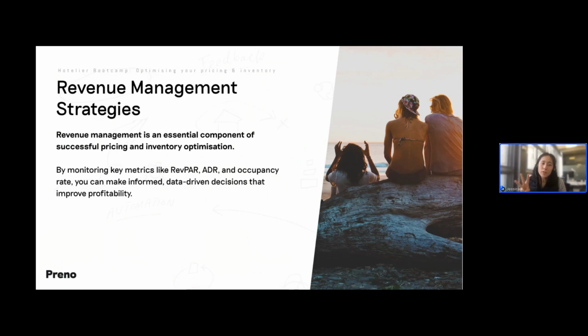And there are 3 key metrics which you are all probably familiar with. We've got RevPAR, ADR, and occupancy rate. And we'll get into more detail in the webinar. These are the 3 key metrics that will help you make informed decisions about pricing and inventory.